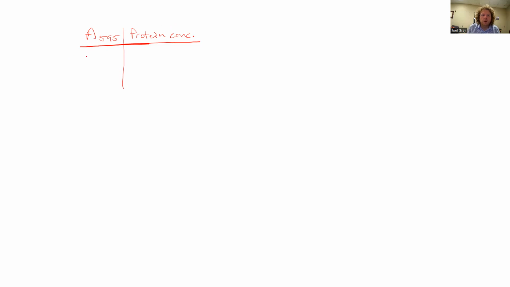Well, let's go ahead and get some hypothetical data. Let's say 0.426. Now, to get a concentration from this number, what you're going to have done previously is a Bradford assay, where we have a plot that looks a little bit like this.